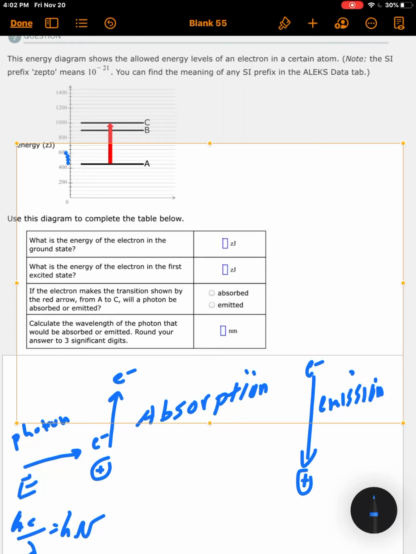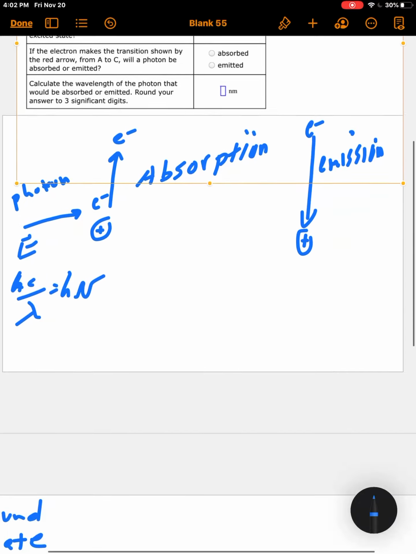So it looks like it's going up 40, right? 400, 440, 480. Oops, nope, I think that's wrong. So I'm off a little bit. Let's try 450, 500, 550, 600. So it's going up 50 zeptojoules each one. It looks like it's the first one above the 400. So that's 450.